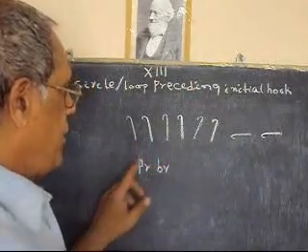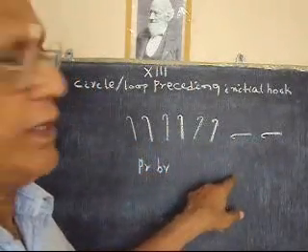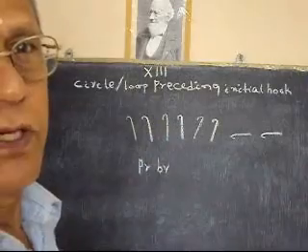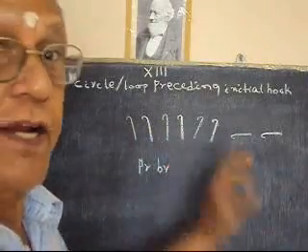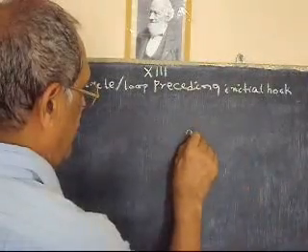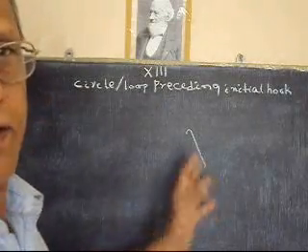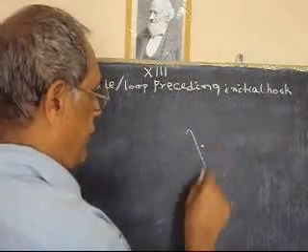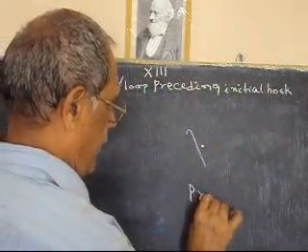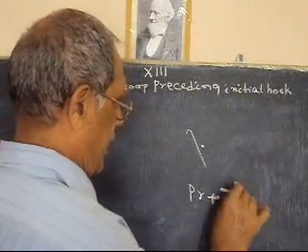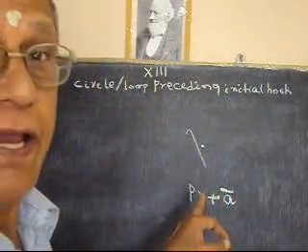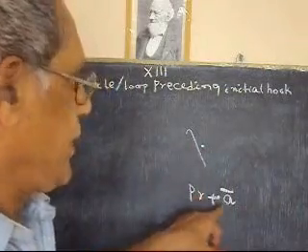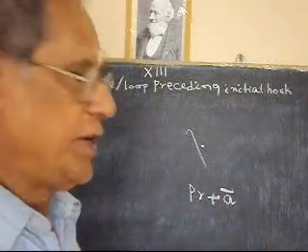Par, bar, tar, dar, char, jar, kar, gar. Initially hooked strokes, straight strokes. Par plus A. Pray. Good.